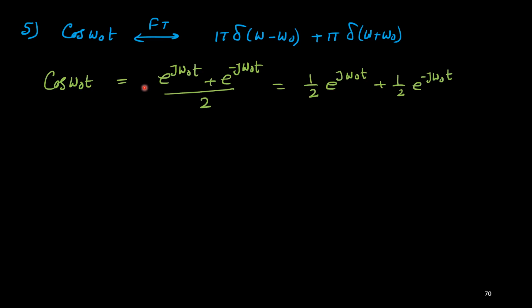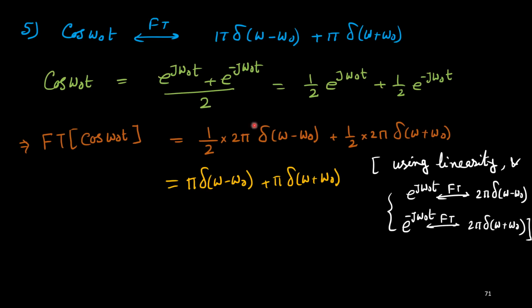Now it is very easy to prove, because cos omega naught t I can express in this form, e to the power j theta plus e to the power minus j theta by 2. So here it is half of e to the power j omega naught t plus half of e to the power minus j omega naught t. So the Fourier transform of this one is very simple.